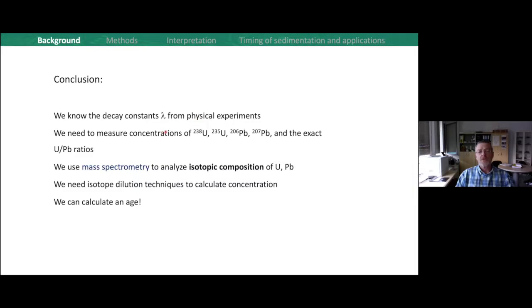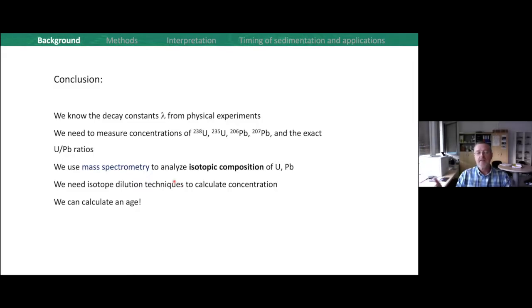So we need to measure the concentrations of our parent isotopes and our daughter isotopes, and also the exact uranium-lead ratios in our sample. We need a mass spectrometry to analyze the isotopic composition of uranium and lead. So a mass spectrometer can only measure an isotopic ratio. So when we want to go to concentrations, we need to have an isotope dilution technique.